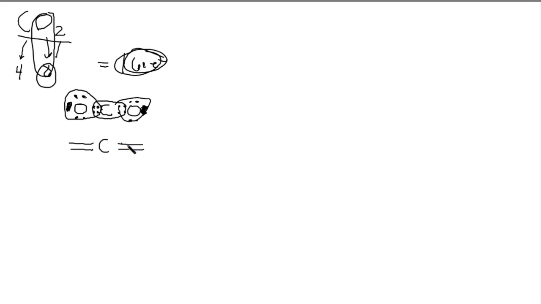So one line would be a pair of electrons, and then it would be normal on the outside again, like that.